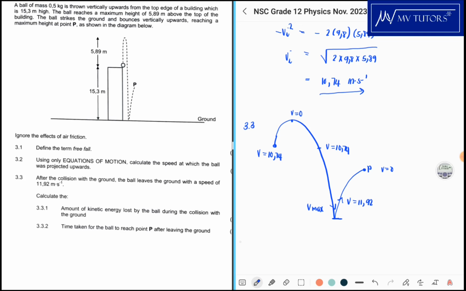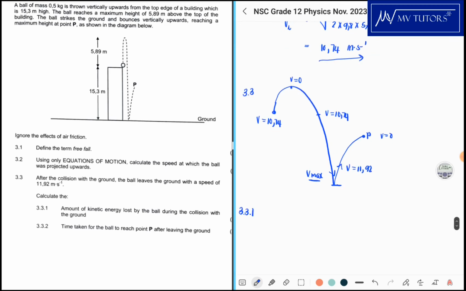So 3.3.1, it says calculate the amount of kinetic energy lost by the ball during the collision with the ground. So what I'm interested in, I want to know what this maximum velocity is, okay? And so let's start there, because we would know the velocity coming in, the velocity going out, and then we can calculate the kinetic energy that is lost.